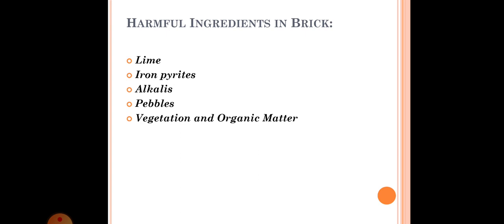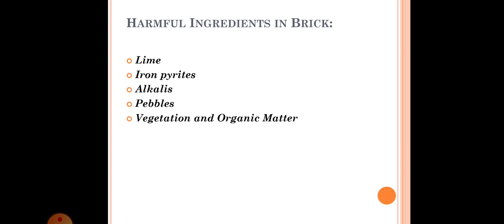And of course presence of pebbles. Pebbles, small stones, if they are present in the brick earth during the process of mixing, will lead to some problems, and will also prevent the uniform mixing of the clay, and thus whenever we manufacture bricks using brick earth which contains small pebbles, it will result in weak and porous bricks.